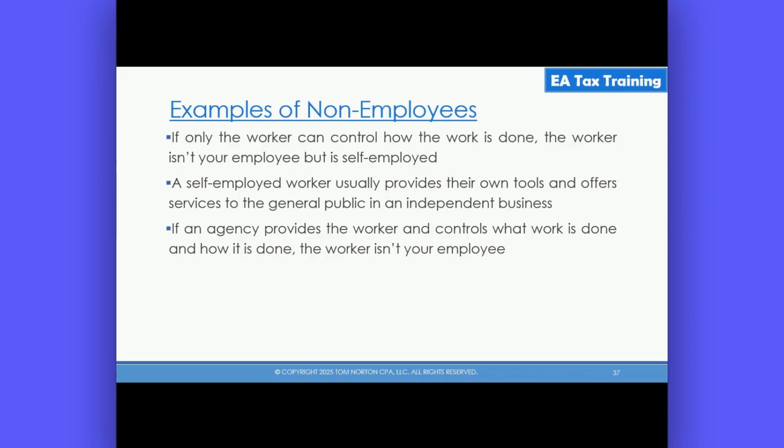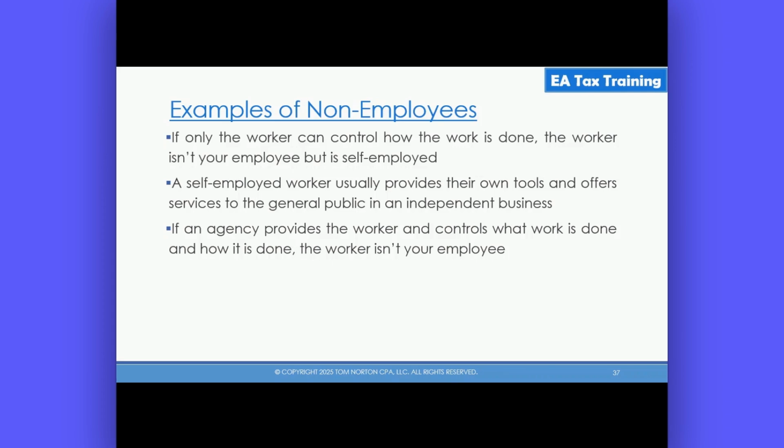Contrast that, though, with, let's say you have an elderly person. They're no longer able to care for their property. They may have a good-sized piece of property with several buildings, and they just can't take care of it anymore. So they may hire a caretaker, and that caretaker comes and they work full time. They may even live on premises, in a room in the house or in a separate building, and they're taking care of all the work.